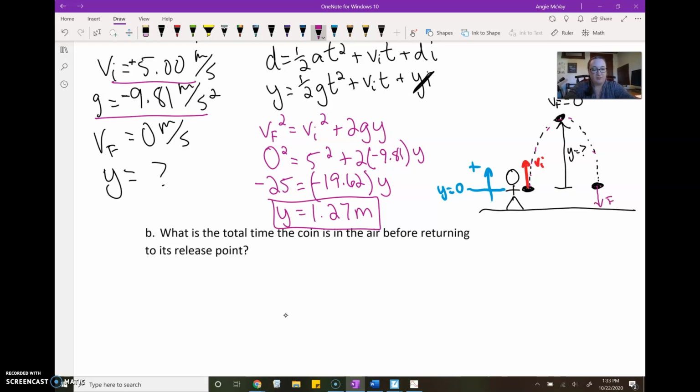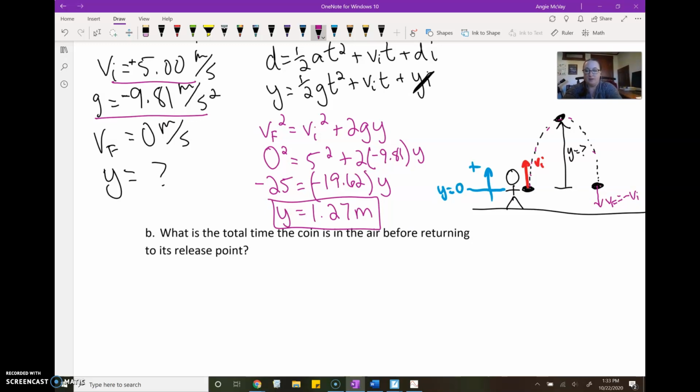This v final, the final velocity, will have a value that's equal and opposite to v initial.